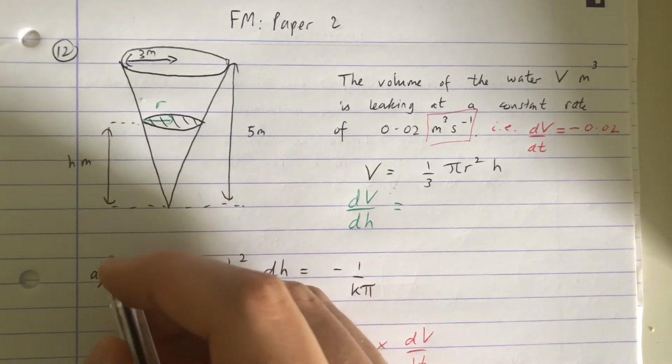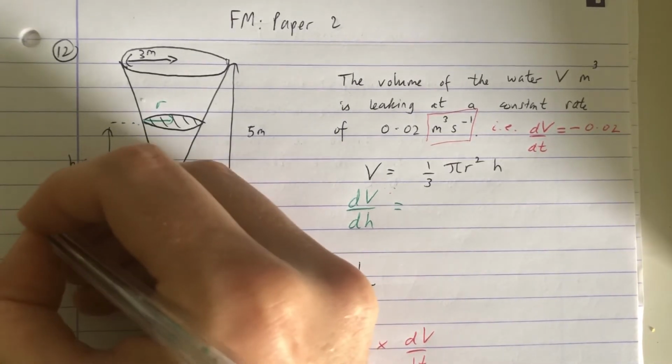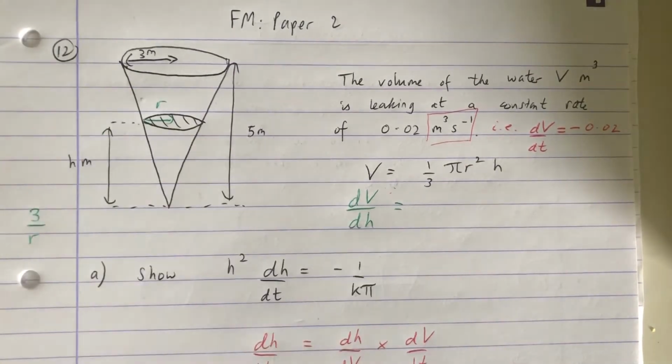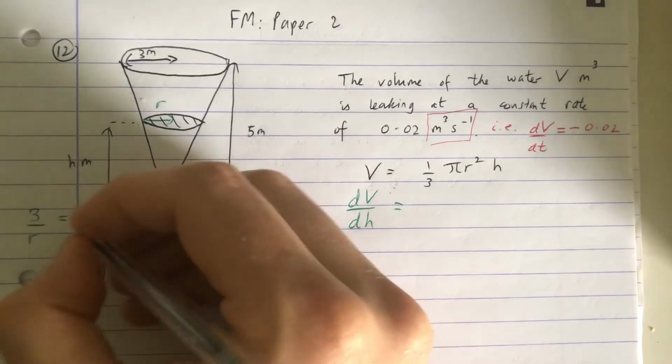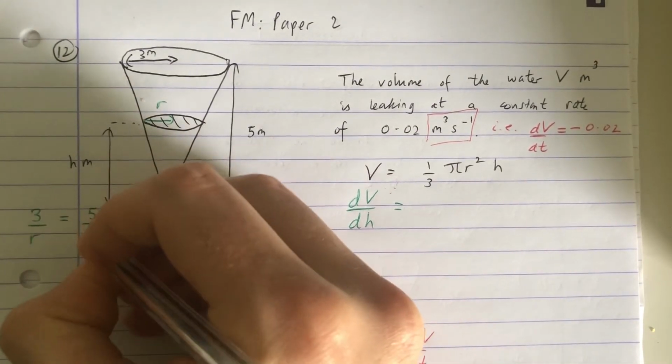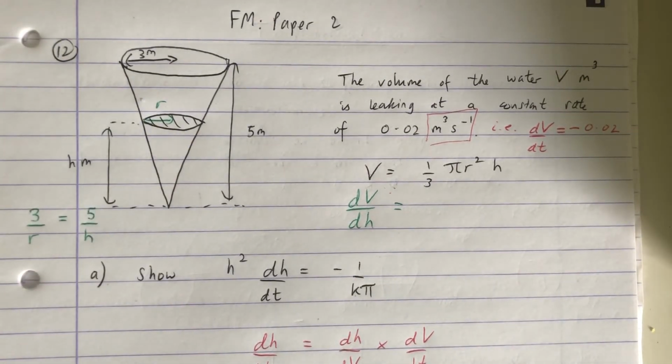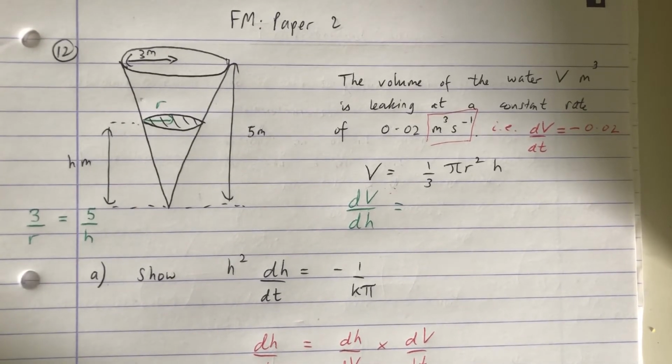In other words, the big radius over the little radius needs to be equal to the big height over the little height, and if you make the little radius the subject, you get r in terms of h.